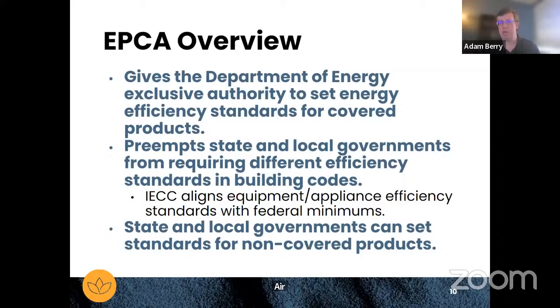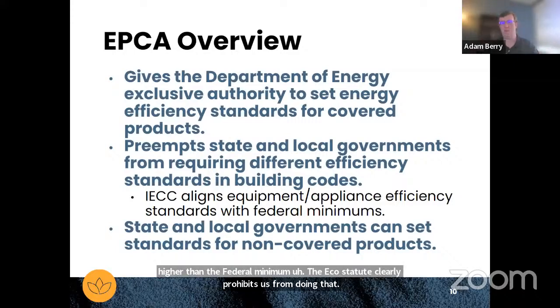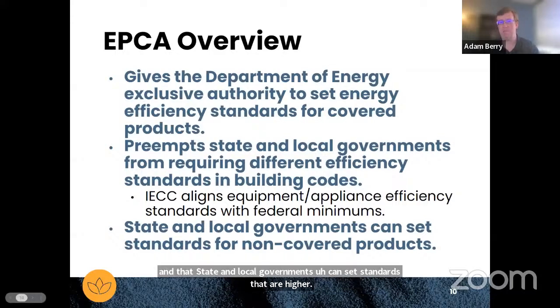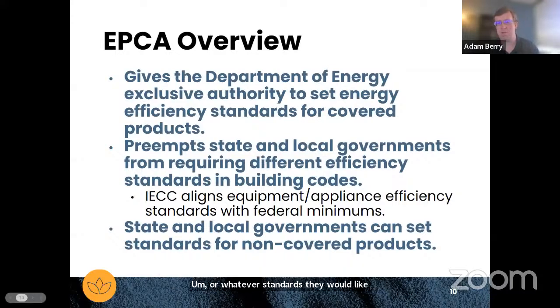The EPCA statute clearly prohibits us from doing that. And I don't think we've seen any proposals to do that, but just reminding everybody that we cannot do that in a mandatory way. And that state and local governments can set standards that are higher, or whatever standards they would like for products that are not covered by the Department of Energy's covered products list.